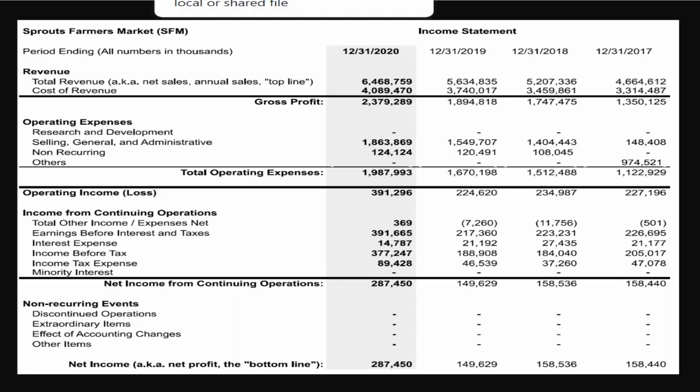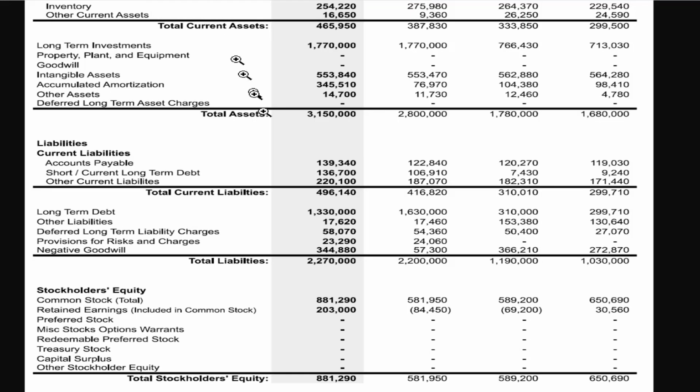And so we take a look at the long-term debt of $1,330,000,000, and we add to that the stockholders' equity of $881,290, and I got a subtotal of $2,211,920. You check it out. Make sure I did it right, because I mess up.